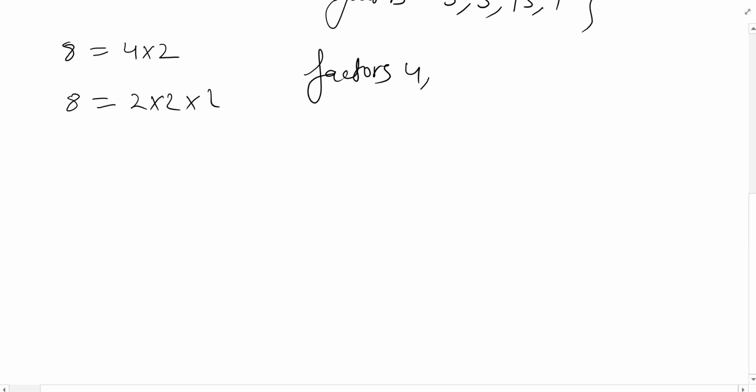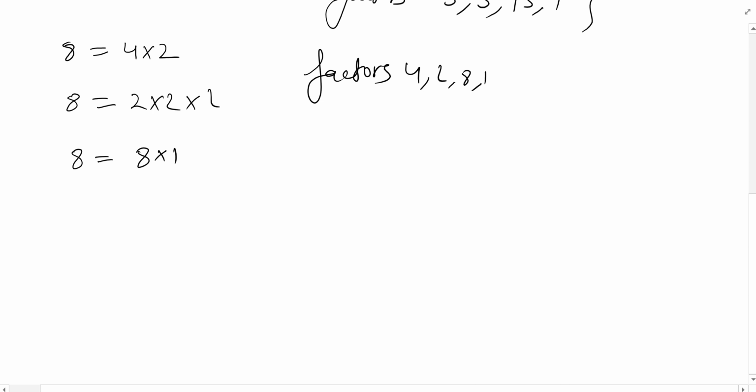The factors are 4, 2, and the trivial one is 8 times 1. If you multiply a number with 1, you always get the number back. Yes. So the trivial factors are 8 and 1, and the non-trivial factors are 2 and 4.